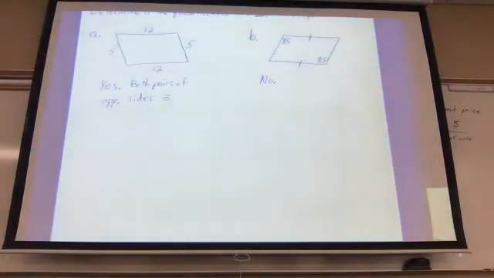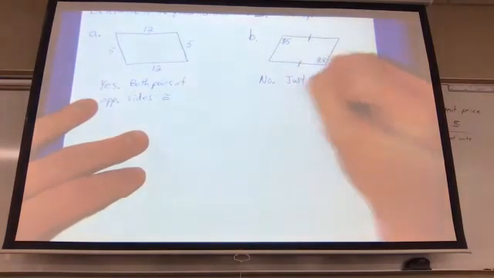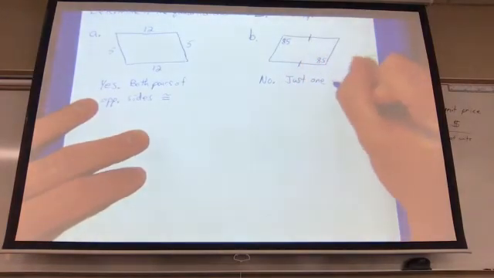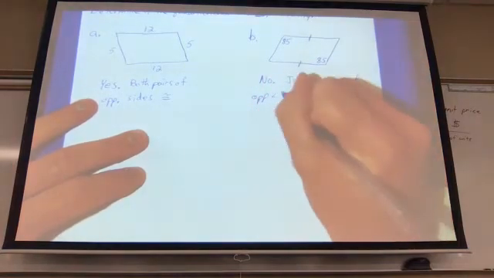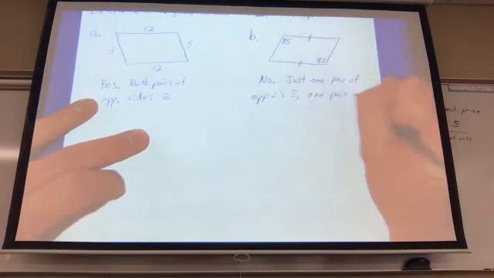And then when it comes to explaining this, you could word this a lot of different ways. I'm going to say something along the lines of just one pair of opposite angles congruent. Same thing with your pair of opposite sides.